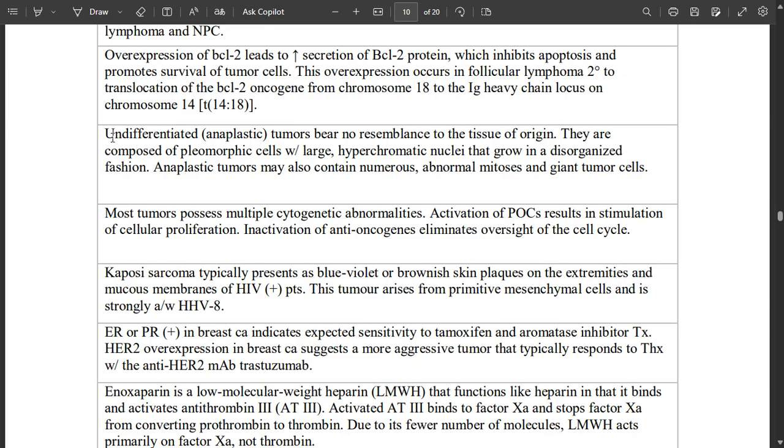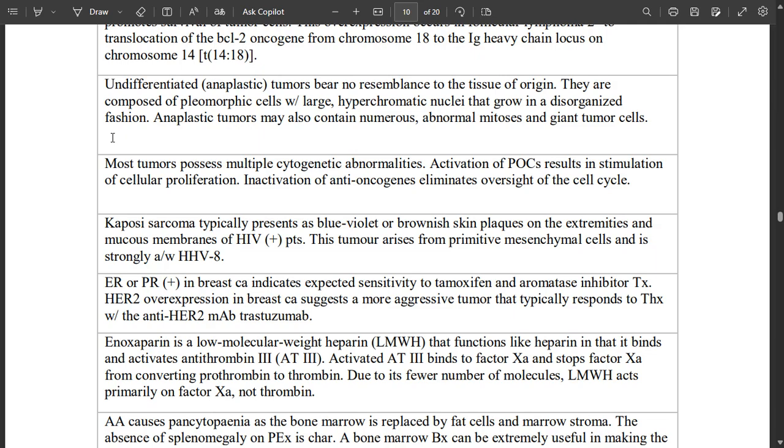Now, next point: undifferentiated anaplastic tumors bear no resemblance to the tissues of origin. In anaplasia, the cells do not resemble the tissue of origin. They are composed of pleomorphic cells with large hyperchromatic nuclei that grow in a disorganized fashion. Anaplastic tumors may also contain numerous abnormal mitotic figures and giant tumor cells.